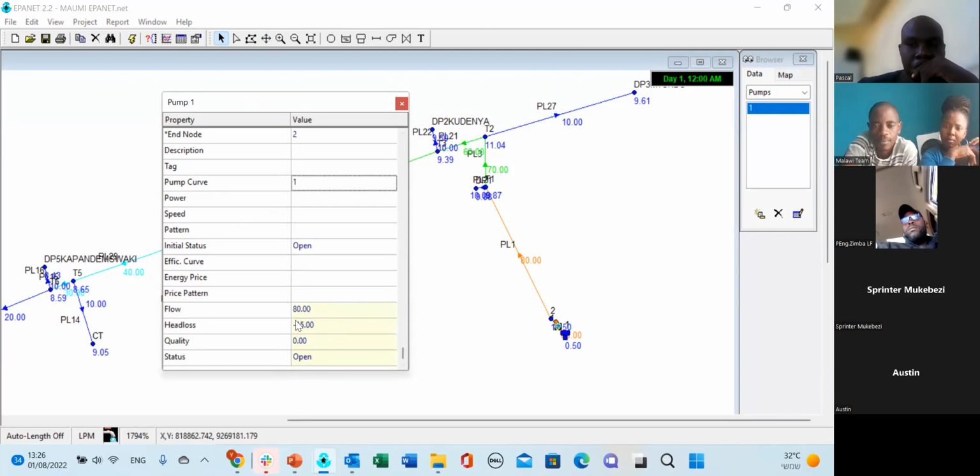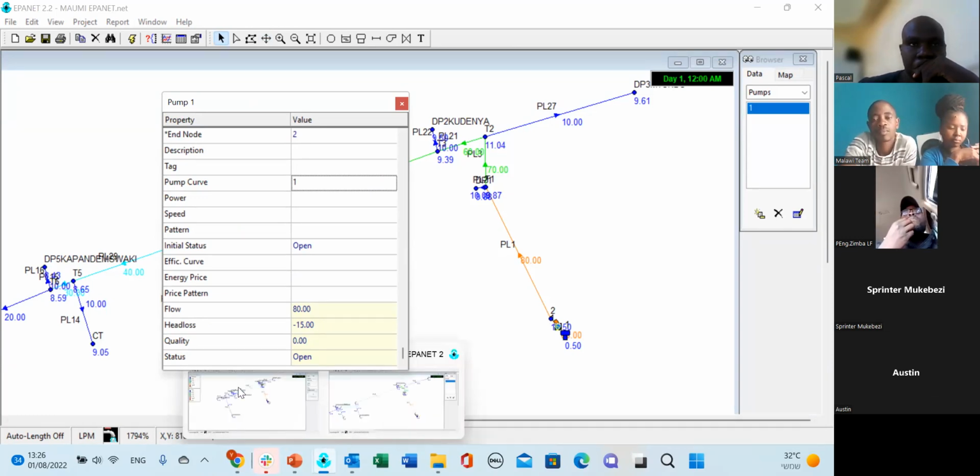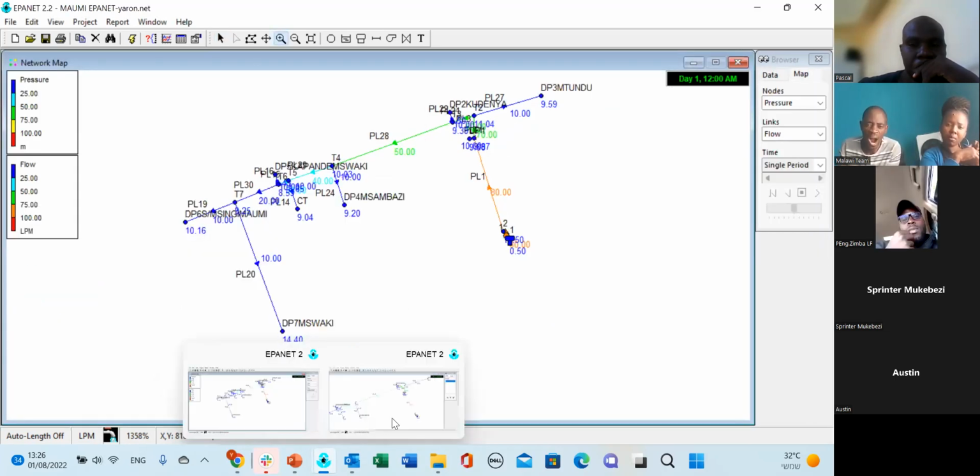Okay, so what we were seeing in the original EPANET was all of the pressures at the taps from the gravity pressure coming from the tower. Exactly. And now what we're seeing is the pressure coming only from the booster pump, which is set at a fixed rate of 15 meters or 1.5 bars. Yeah.